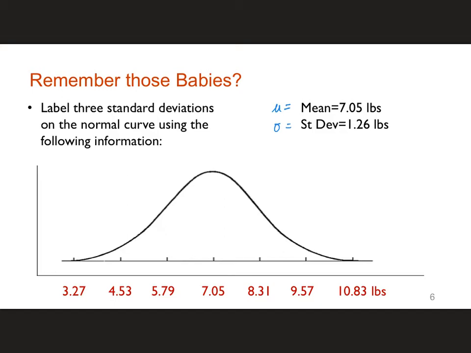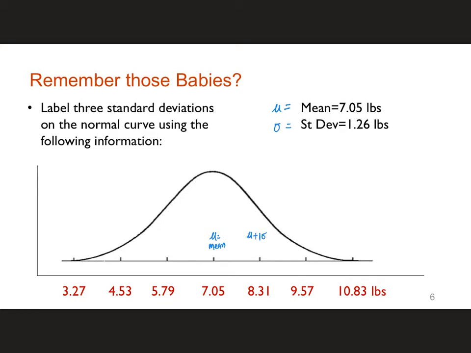All right, so how did we get the values on the x-axis? As we said earlier, the mean is always found at the center. So now moving to our right, a step to our right is 1 standard deviation above the mean.